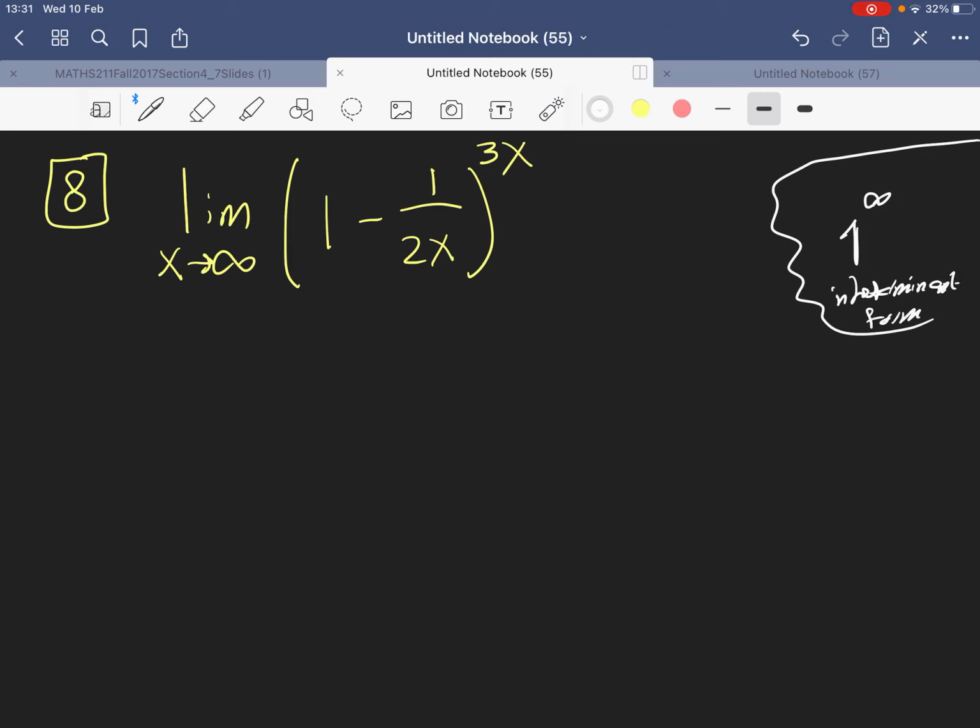Now, since we have the power and we want to take the power down on the line, what's next to be done is to use the same idea of having L. So I will take this limit to be L, and then I will use the ln.